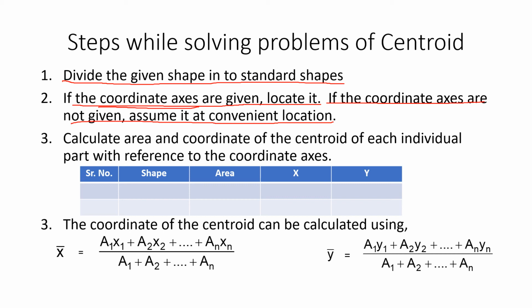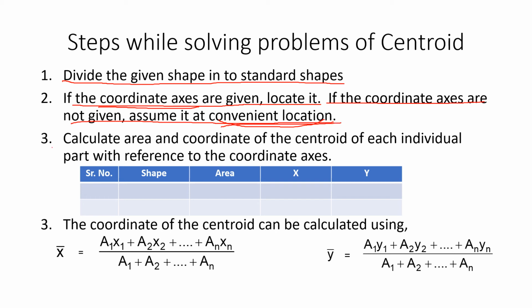Like what we did here, I always consider the left-hand side bottommost point as the origin, and from that point I draw a horizontal axis x and a vertical axis y. That's called a convenient location. So if axes are given to you, you can skip the second step and directly go to the third step. But if they are not given, you have to assume them at a convenient location.